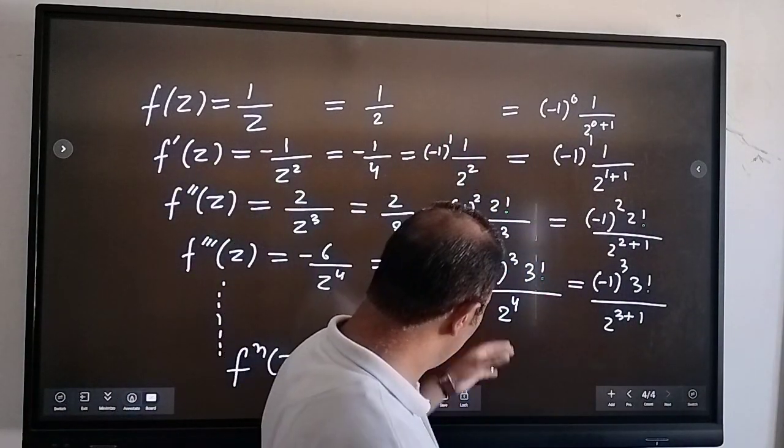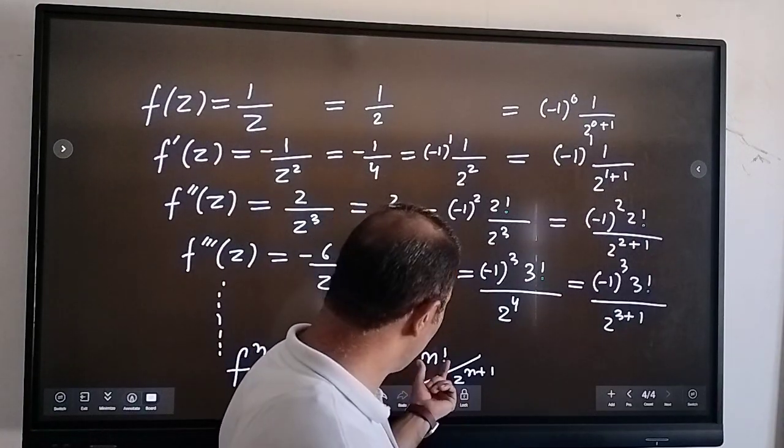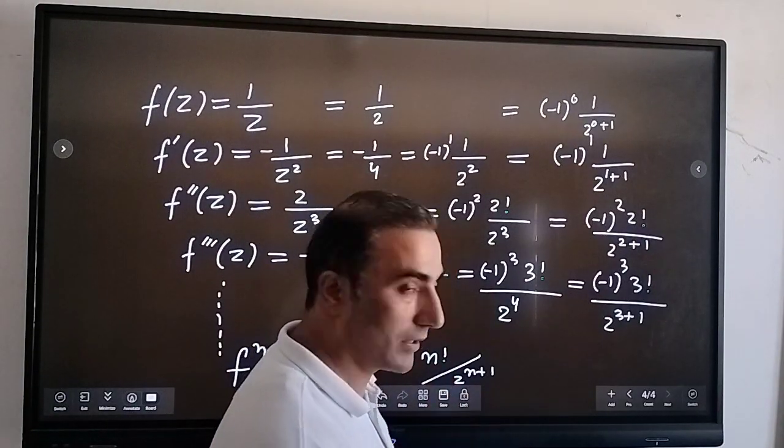So it follows a series of patterns. That means the function f n of z will be minus 1 raised to n, n factorial divided by 2 raised to n plus 1.